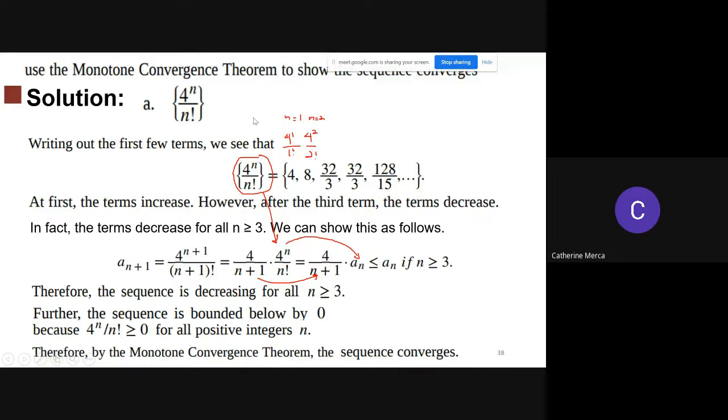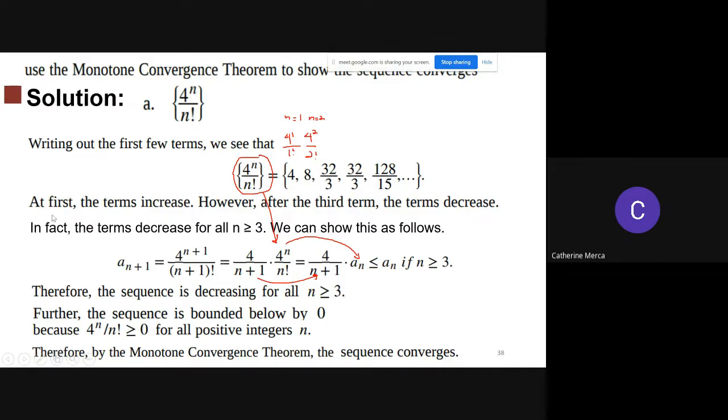For n equals 2, 4 squared, 4 times 4 is 16, over 2 factorial, 2 times 1, so 16 over 2 is 8. Then 4 to the third over 3 factorial gives you 32 over 3, and so on down the line. So, you already have an idea of the elements of your sequence.